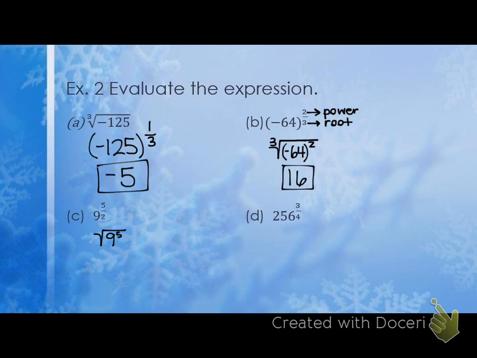Now, we can put the 2 or we can leave the 2 off because this is the square root of, okay? But this time, 9 to the 5th is under the radical, and the root is 2. So let's put it in our calculator, and we can use the good old-fashioned square root button if we want because, again, the root is 2. And we have 9 to the 5th power, and what do we get as our answer? Good job. All right, letter D.